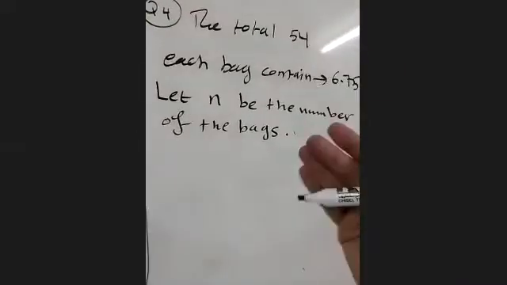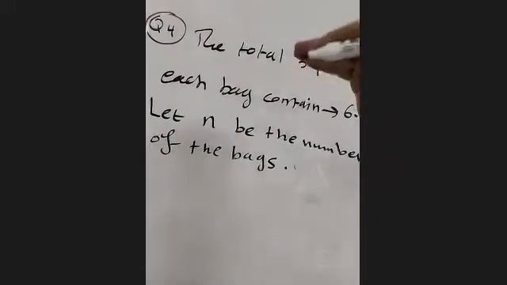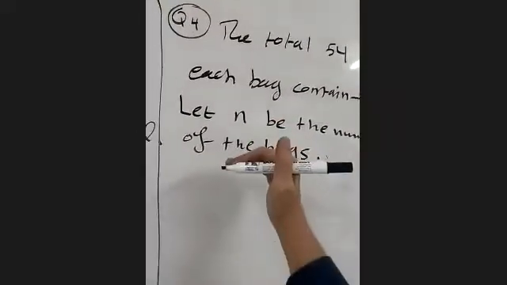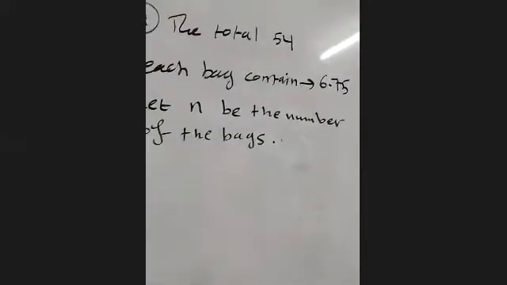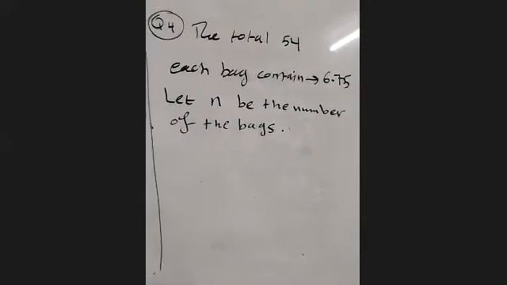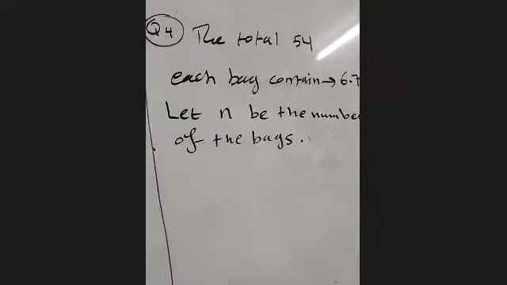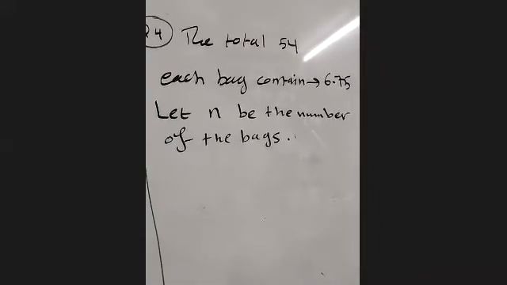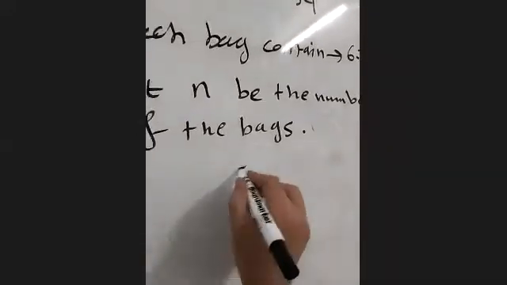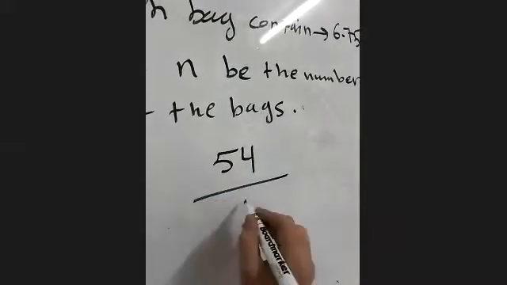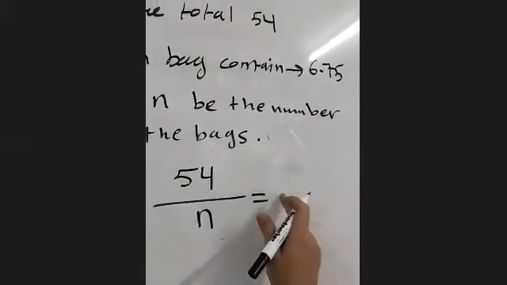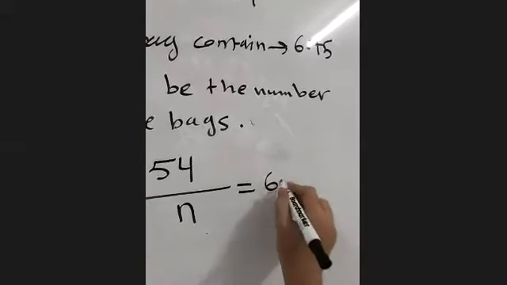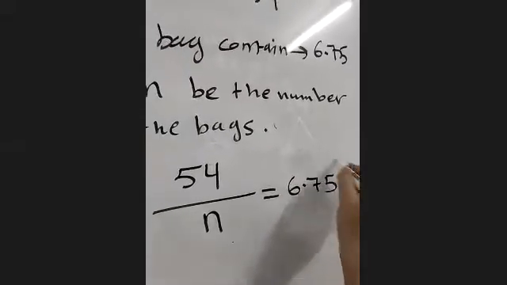She divides the total into bags such that each bag contains this number, right? Yes. So what will the equation be? 54 over n. 54 divided by the number of the bags equals the amount of jelly beans in each bag, which is 6.75. This is the equation.